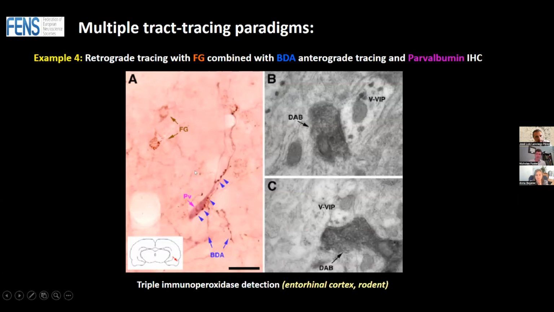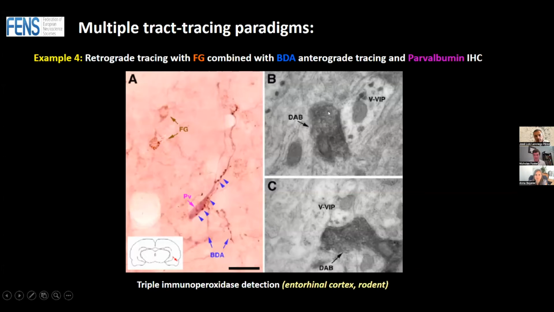So we have injected fluorogold in the dentate gyrus of these animals, and we were able to identify entorhinal neurons projecting to the dentate gyrus through the perforant path. And what you have here in purple is a parvalbumin positive interneuron in the entorhinal cortex being innervated by BDA positive fibers. And this is the ultrastructural correlate.